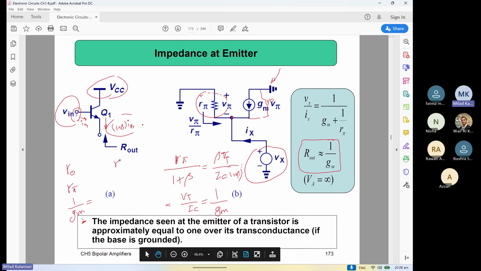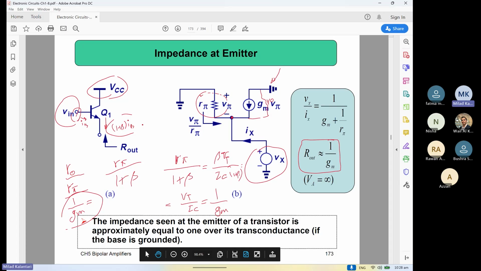So easily you can tell that the impedance is R pi divided by 1 plus beta. So we are not going to write too much KVL and KCL. We try to use these techniques to quickly move the impedances and voltage sources from one port to the other port. Now we need to remember that RO is a big value so far, R pi is mild, but 1 over GM is a low impedance, right?